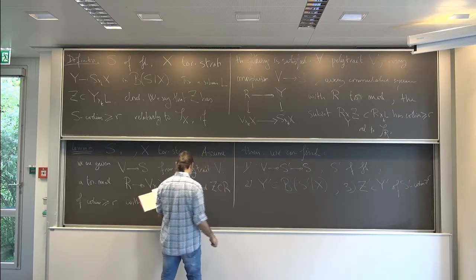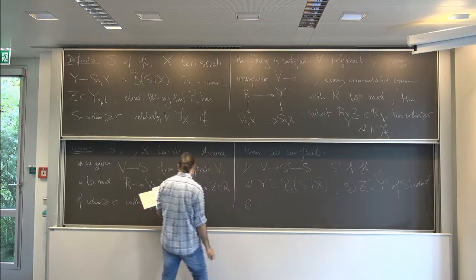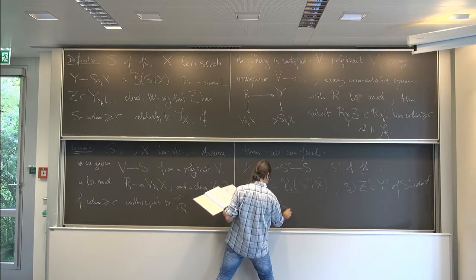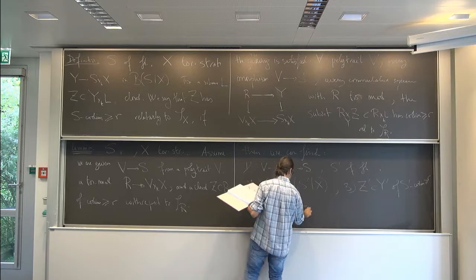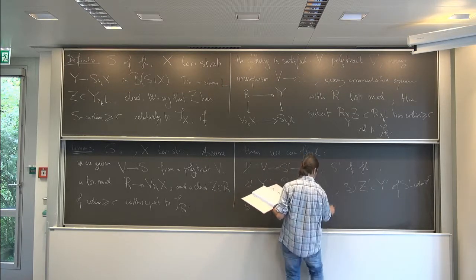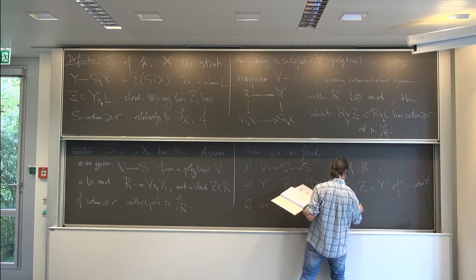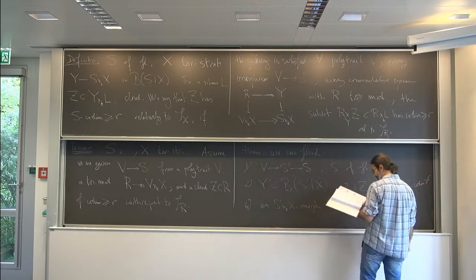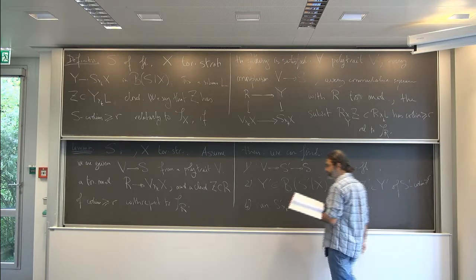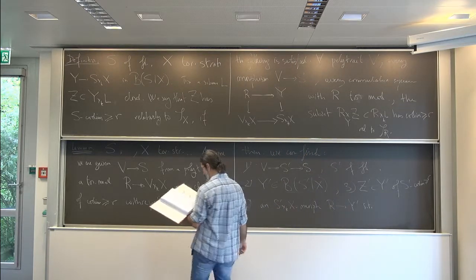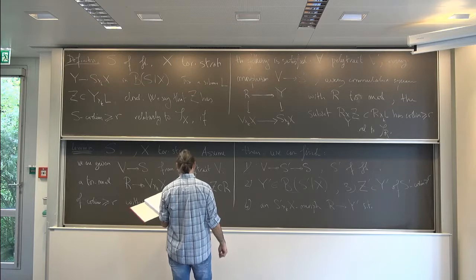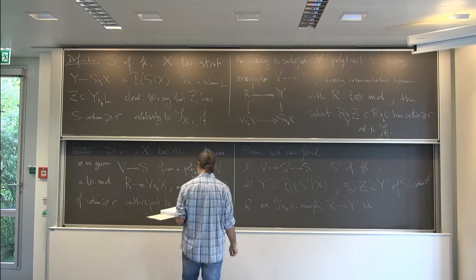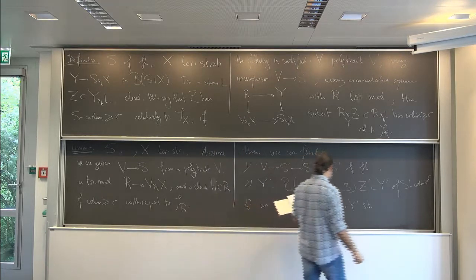And finally, a morphism R to Y prime such that Z is a pullback of Z prime.